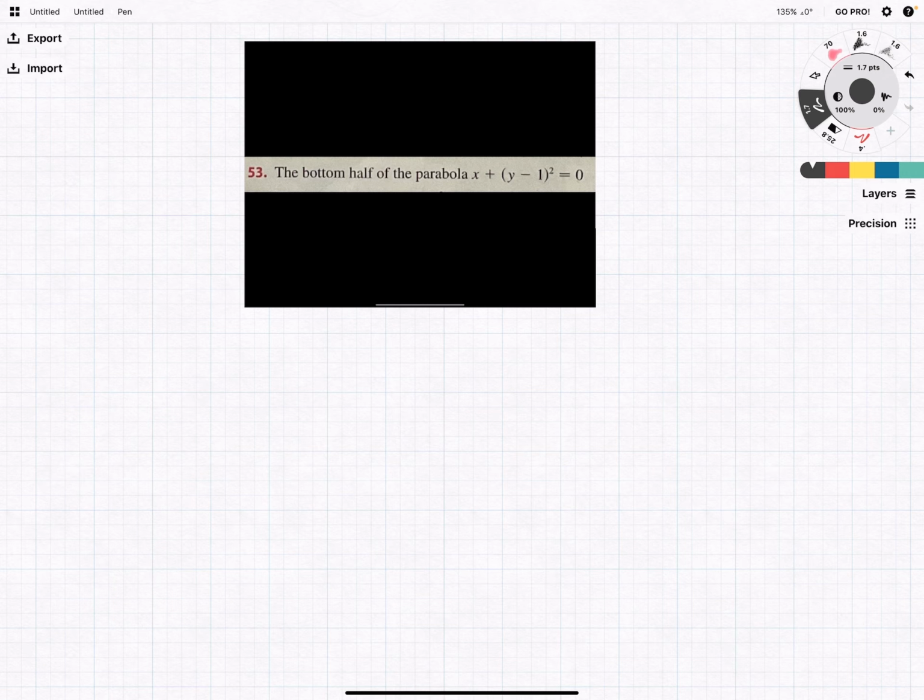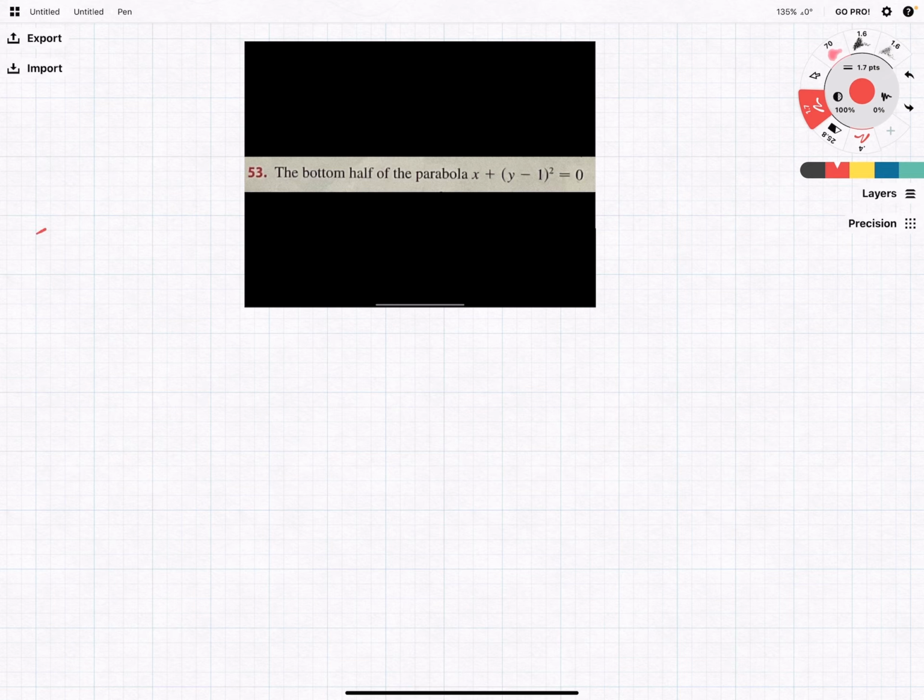Well, first thing is usually when we see these kinds of parabolas, the x and y might be flipped. We're not really used to seeing x as a function of y. Normally y is a function of x. Usually it's always y equals something. In this case, it's more of an x equals kind of thing.